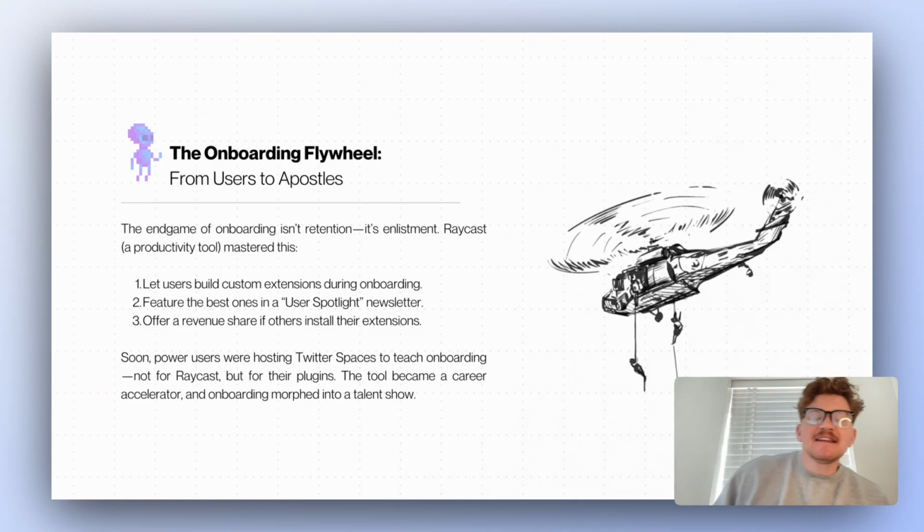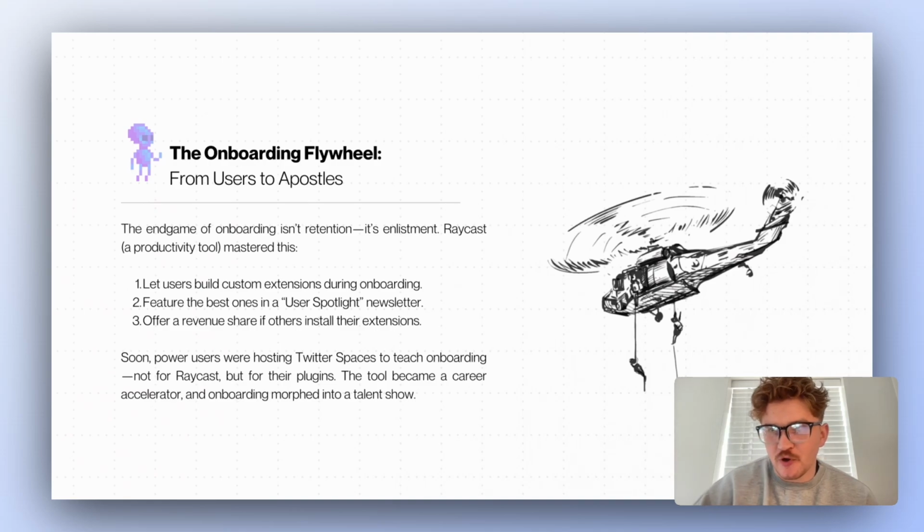Now, the end game of onboarding is sort of enlistment. So Raycast, which is like a productivity tool for your computer, they let users build custom extensions during onboarding. It features the best ones in a newsletter, and then it offers a revenue share if others install the extensions. So soon, these big users of Raycast were hosting Twitter Spaces and stuff like that to teach onboarding for their plugins, not for Raycast.